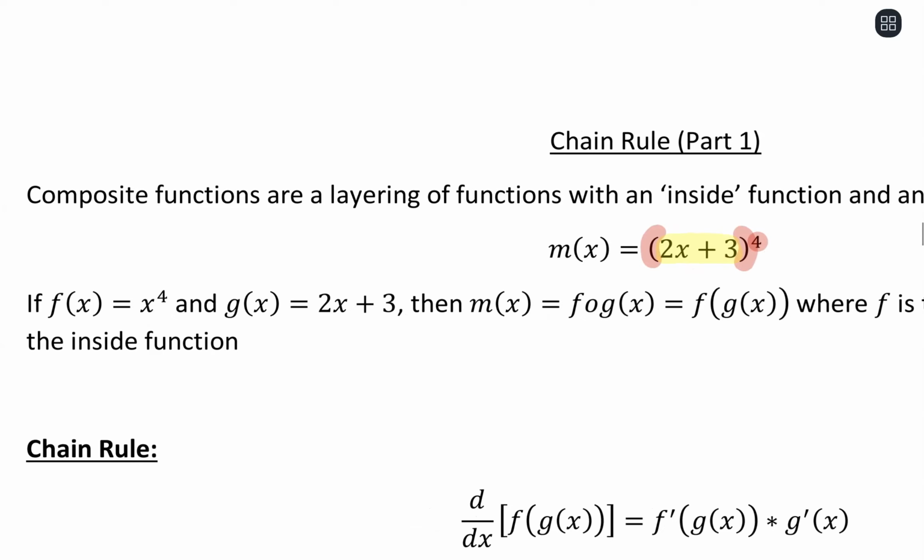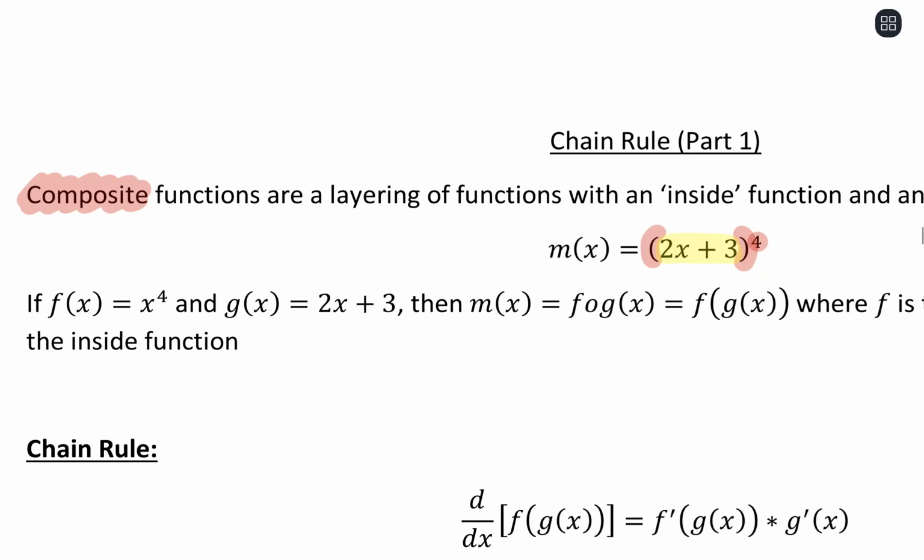These are called composite functions, these functions that layer inside and outside. It could even be more than 2. We could have all sorts of layerings, but we're just going to focus on 2 for right now. We could describe this function m of x using f of x equals x to the fourth power, that outside function of taking whatever's inside the parentheses and raising it to the fourth power.